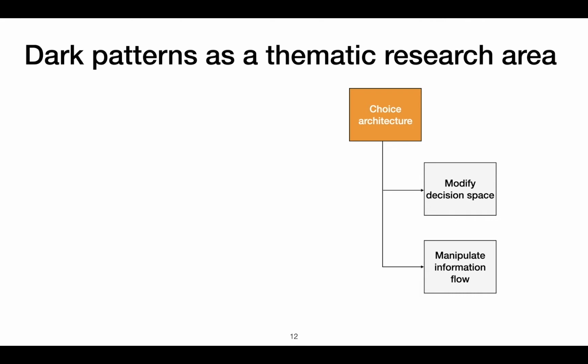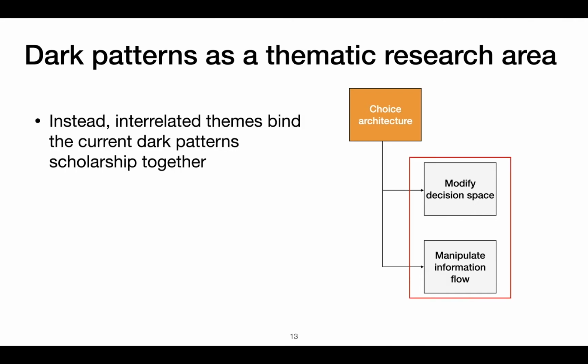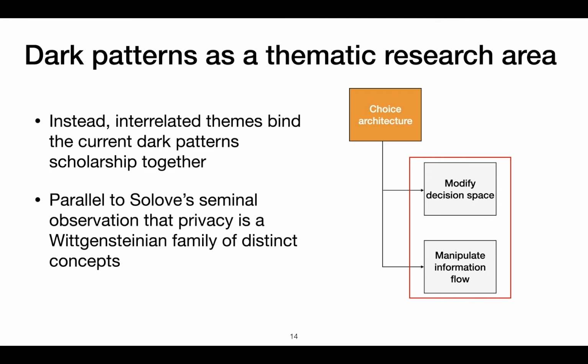Having reviewed this literature, we argue that at their core, dark patterns are choice architecture modifications. They either modify the decision space or they manipulate the information that is available to users. But more importantly, both of these represent themes, not a single definition. In fact, this parallels Daniel Solove's now seminal observation that privacy is not a single concept.